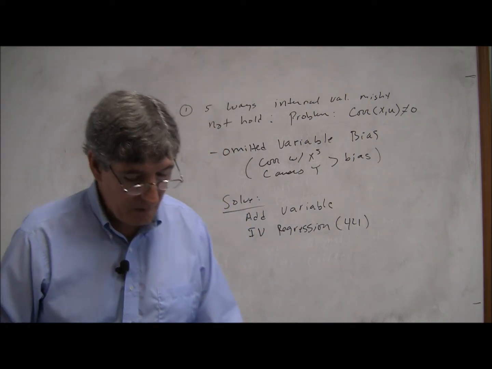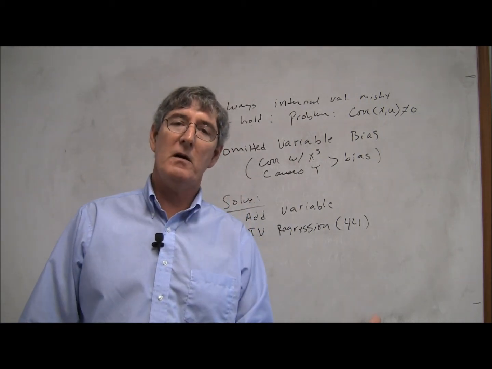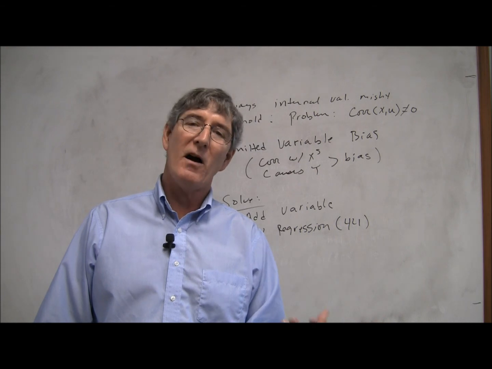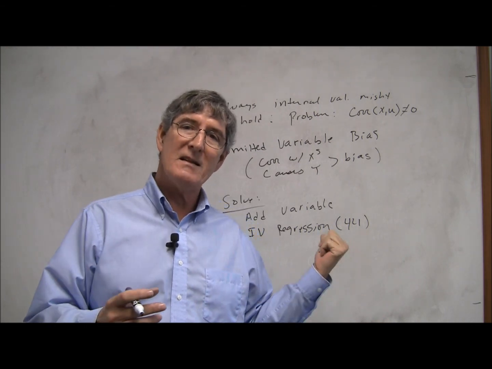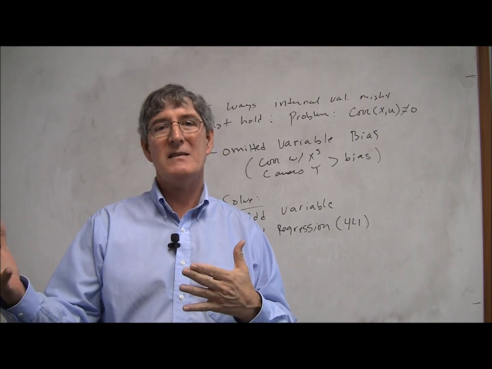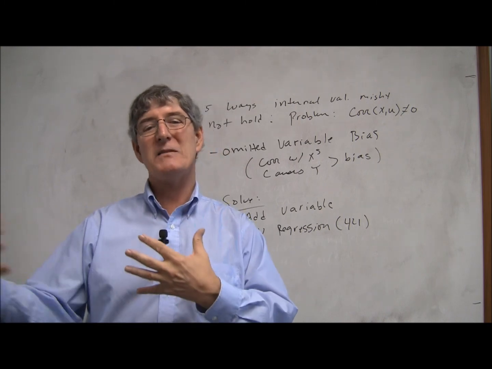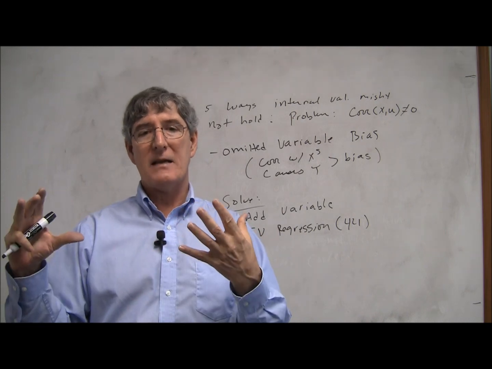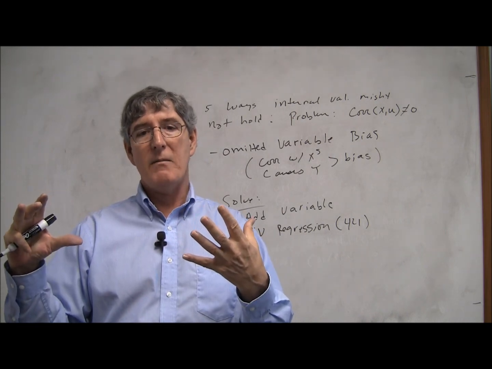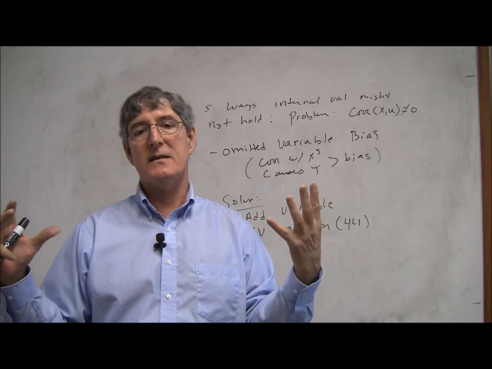Basically, you find a variable that's correlated with x but uncorrelated with the error term. And that can be hard, but if you can find such a thing, and often you can, you use that instrumental variable in place of the x, because it's correlated with x but uncorrelated with the error. And there's a fancy estimator that uses both x and the other variable to come up with an unbiased, consistent estimator.